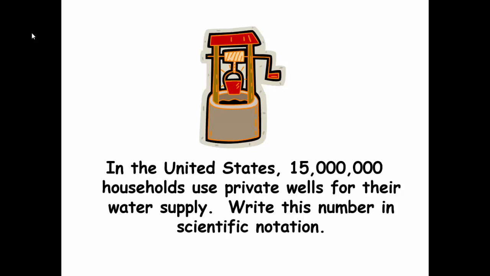So to write it in scientific notation, we are going to move to where we have a number between 1 and 10. So we're going to move our decimal to between the 1 and 5, and then count our place values. So we have 7 place values. So we have 1.5 times 10 to the 7th.